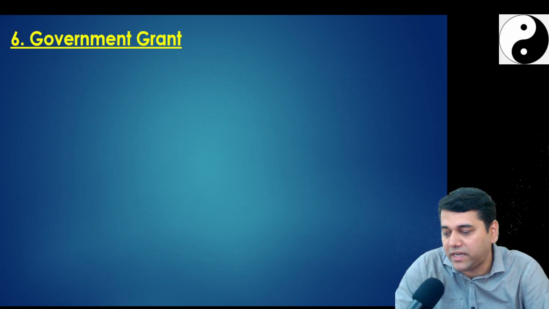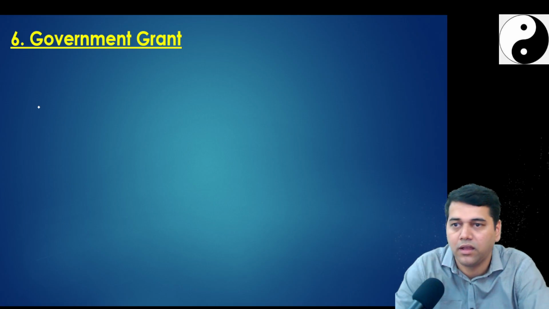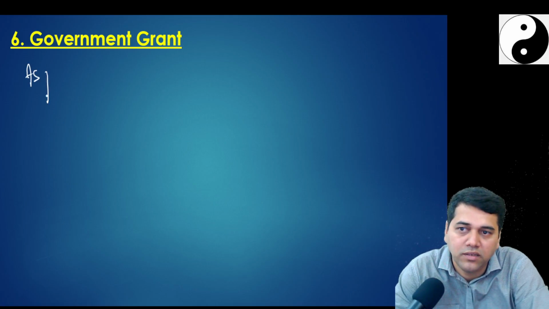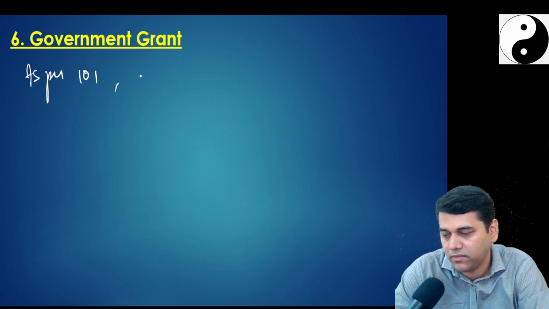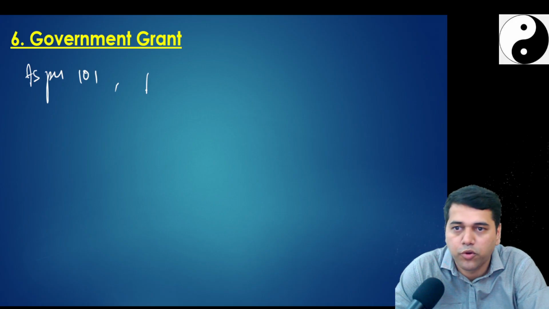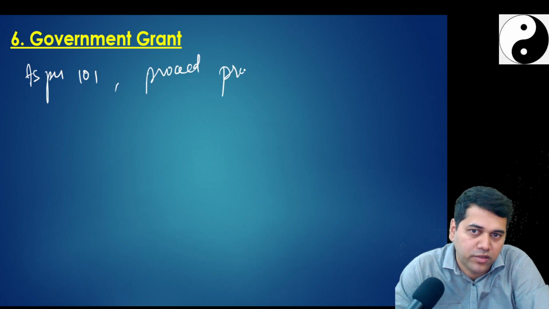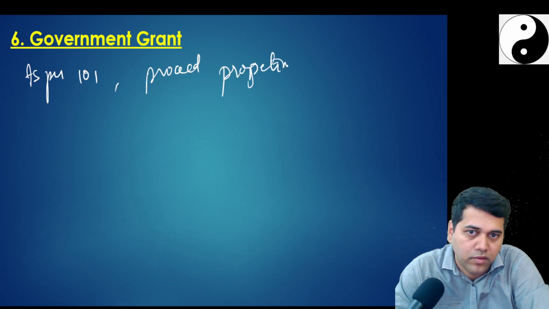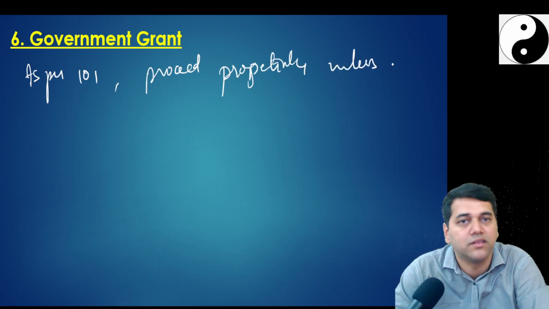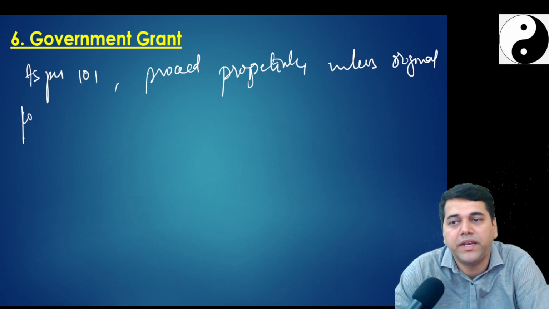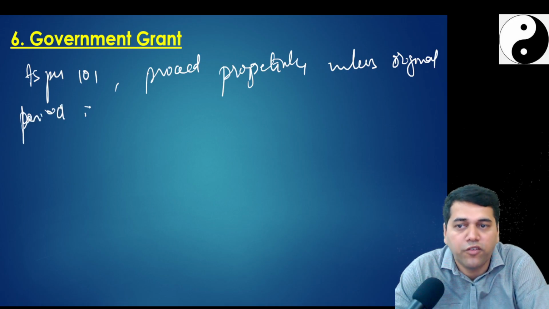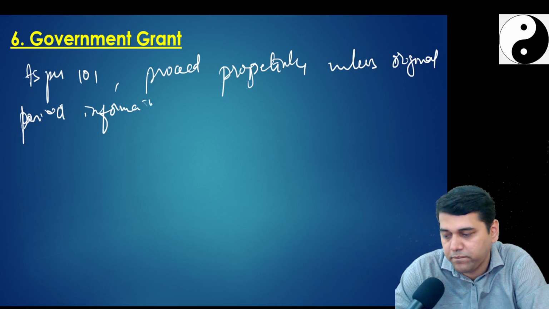Next is the government grant. As per 101, proceed prospectively, unless original period information is available.